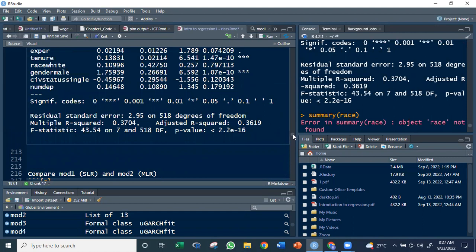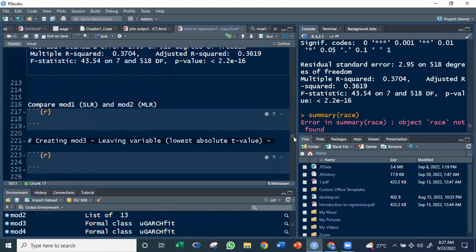On the other hand, our simple linear regression, where we just used education as the regressor, has only 16%. So Model 2 is better.